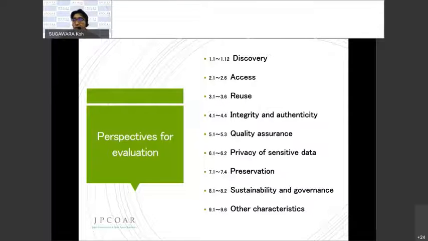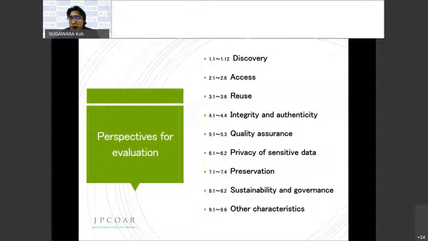Let's check the perspectives from which the framework assesses repositories. As you can see on this slide, there are 9 perspectives in total. In order from top to bottom, these are discovery, access, reuse, integrity and authenticity, quality assurance, privacy of sensitive data, preservation, sustainability and governance, and finally, other characteristics.